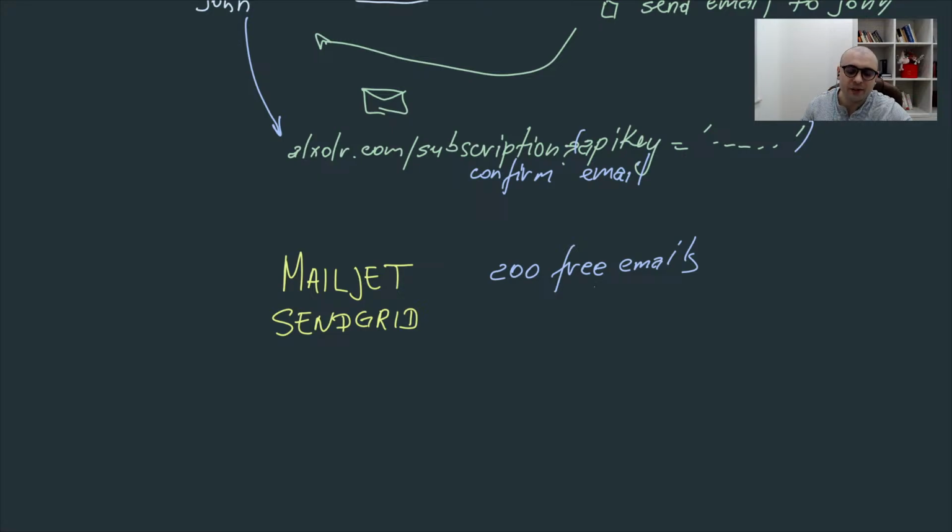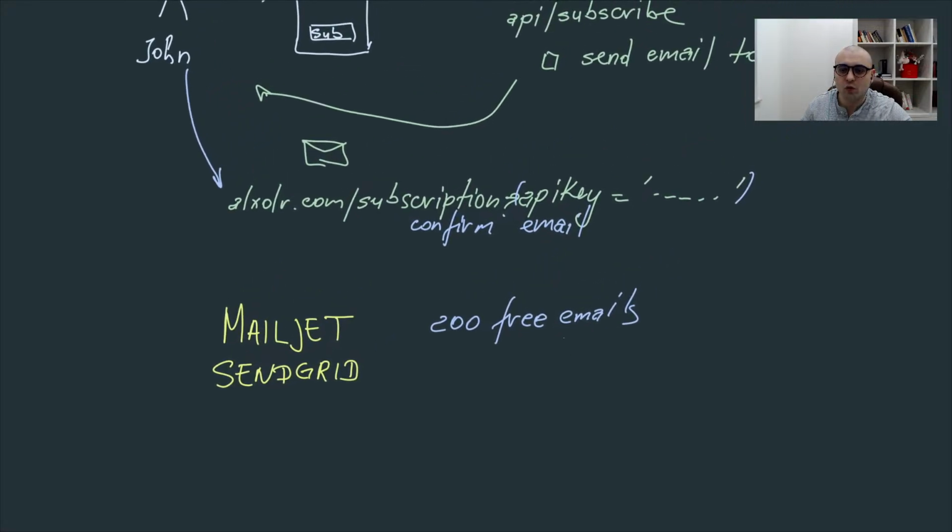If I plan to expand, I mean to gather more subscriptions, more emails, to produce more content, probably in the future I'll need to buy a premium plan or think of some smarter way to send these 200 emails.